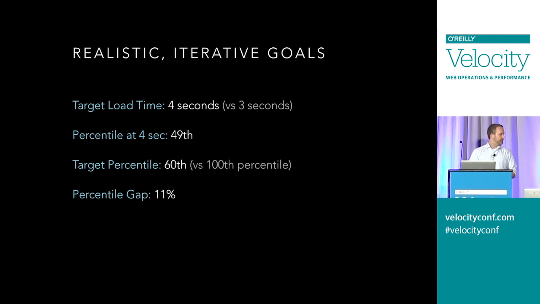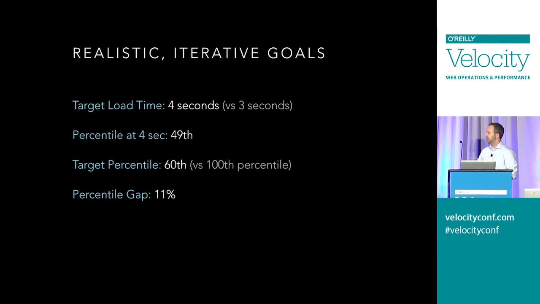So the 50th percentile for this site was 4.12. The 49th percentile was 4 flat. And then instead of shooting for this unrealistic 100th percentile, what if we said we're going to aim for the 60th percentile? So we'll move from the median, or 50th, up to the 60th.